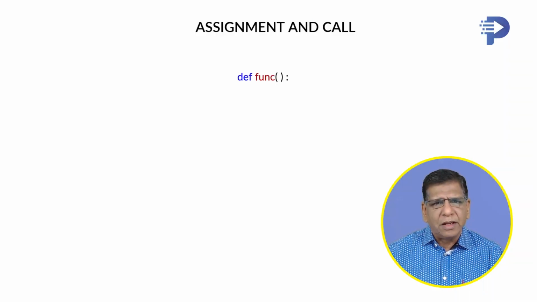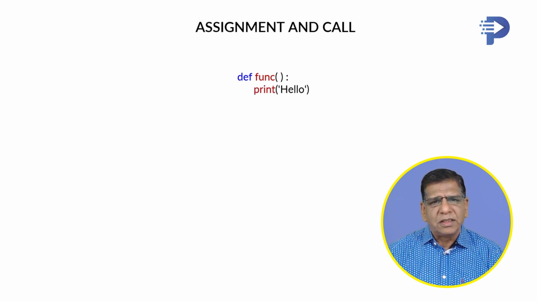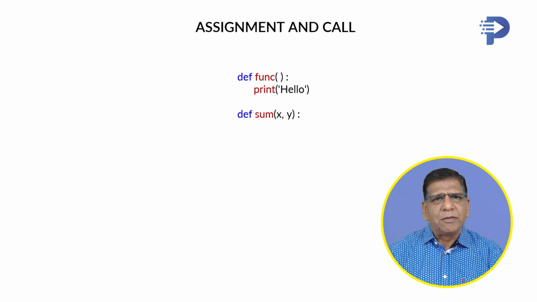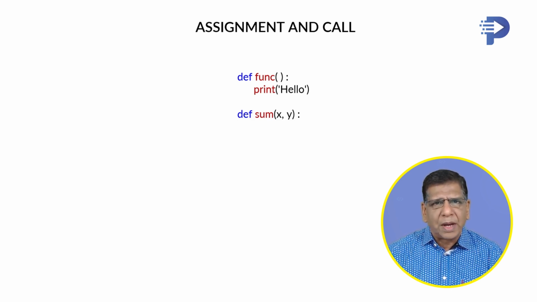Suppose we have a function called func, which merely displays a message hello. Apart from this, we have a function sum which receives two parameters x and y and then prints the sum of x and y.